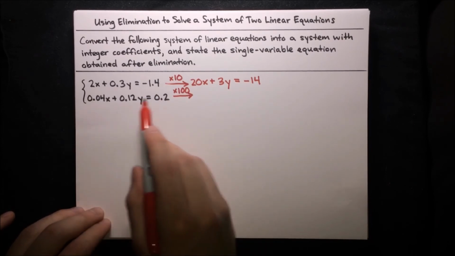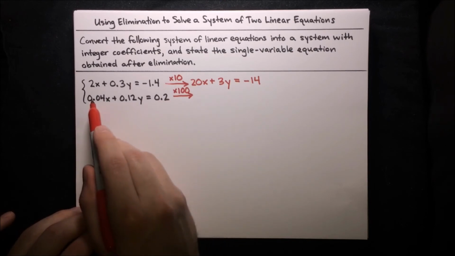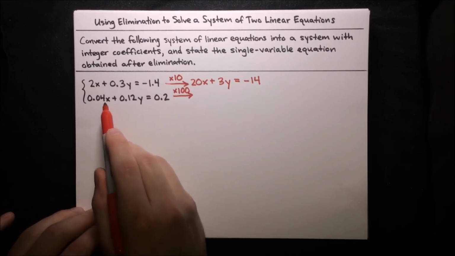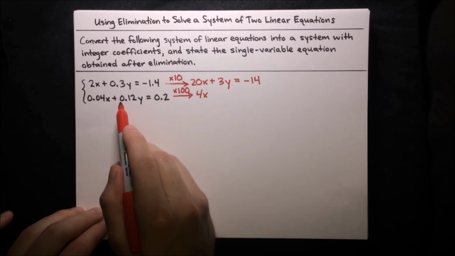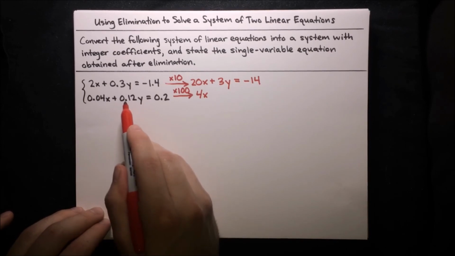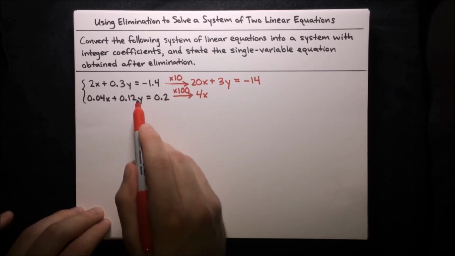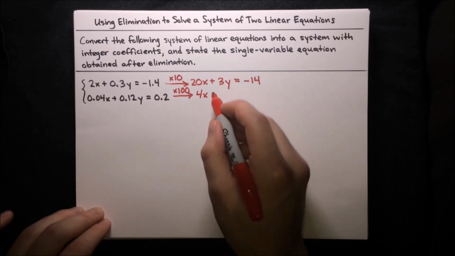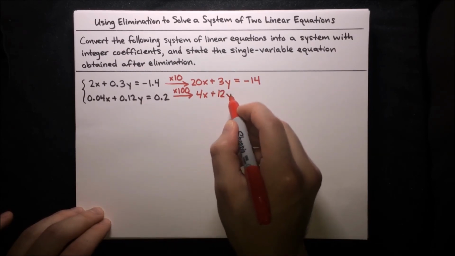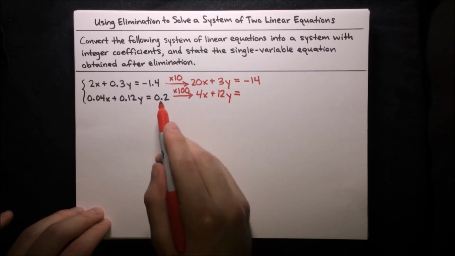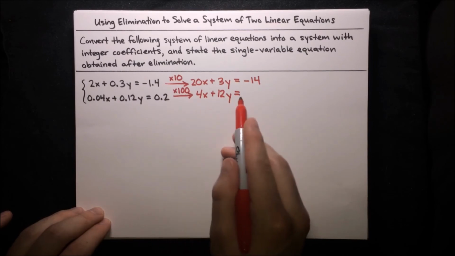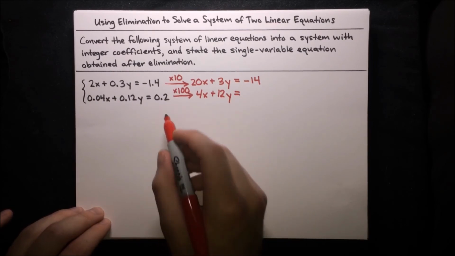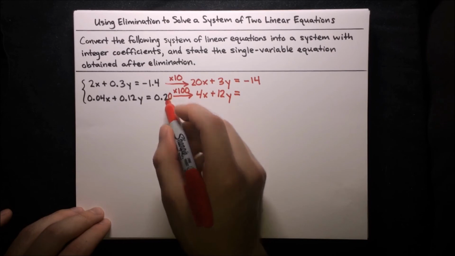So 0.04 times 100, move that decimal place over 2 to the right, moves there and then there. So it's really just 4 point, so just 4x. And then same thing with the 0.12, so move that decimal place over twice, so 1, 2, and we just got 12 point, so just 12, so plus 12y is equal to, now be careful here, it's tempting to say this 0.2 times 100 just becomes 2, but that would not be right because there's actually zeros after the 2 here.